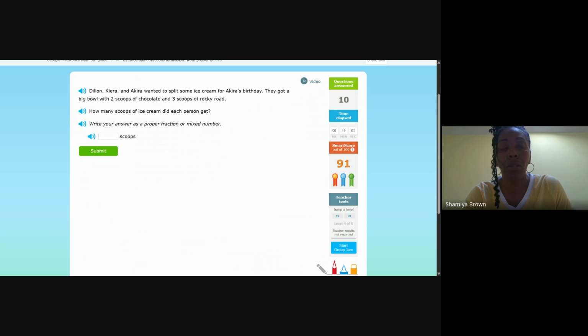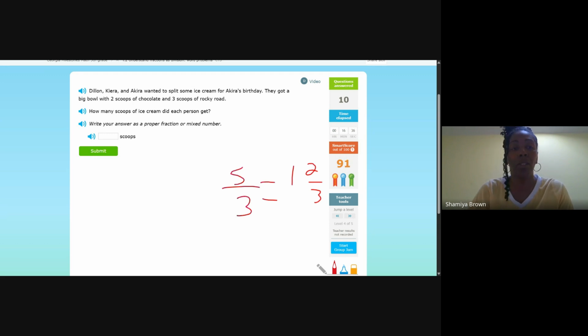So there's 5 scoops total. How many scoops of ice cream did each person get? So that was 5 scoops total being divided among 3 people. 5 total scoops, dividing it by 3 people. So once again, that's an improper fraction. Turn it into a mixed number, 1 2/3. So just like the other answer.